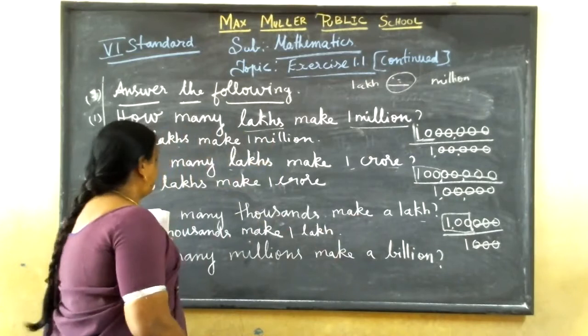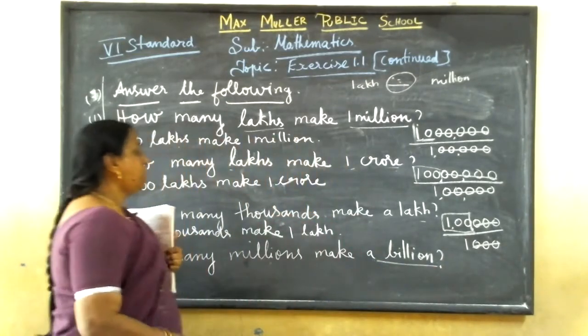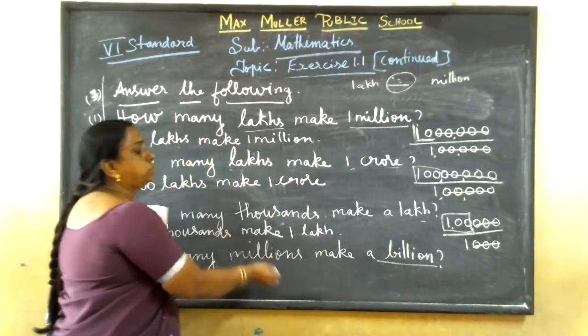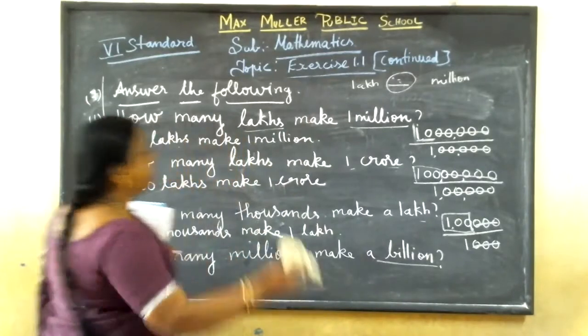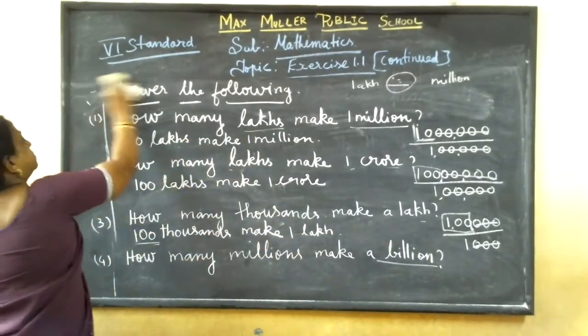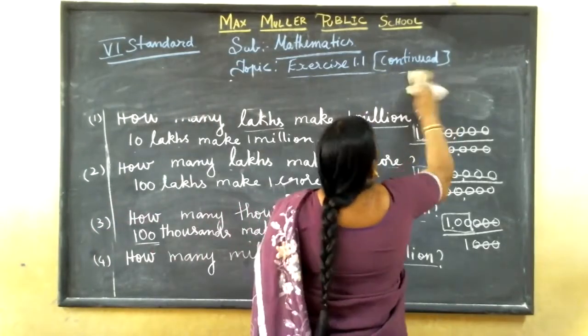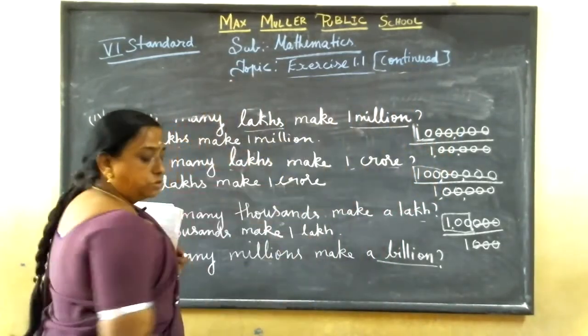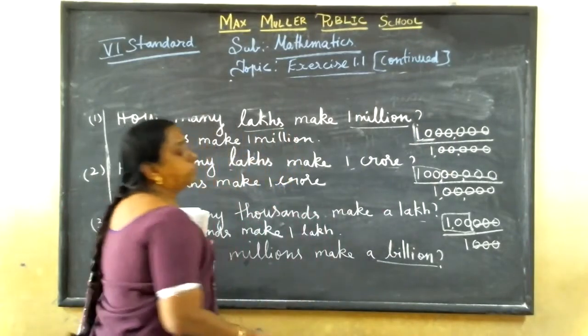Next question. How many millions makes a billion? So in 1 billion, how many millions are there? Both international system. So here no place. So I'll do there. Just copy first one. I'll rub heading. So this question I'll solve here. Billion and million. How many zeros for billion?